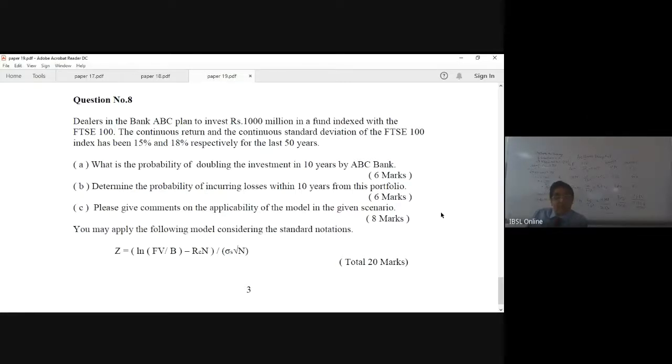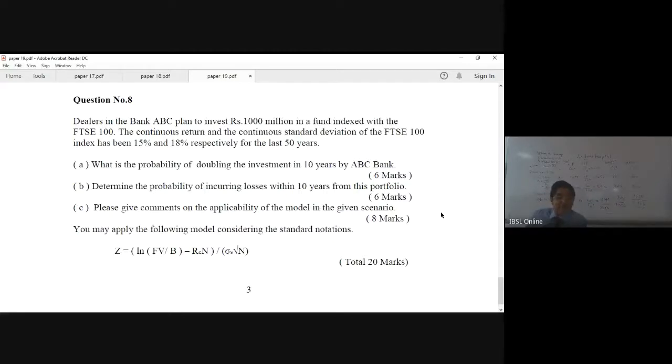And the other thing is, the analysts think that this fund is indexed to the FTSE 100, and we think that this particular fund also will behave parallel to the FTSE 100. That's another assumption. So therefore, the model can be used only with those assumptions.